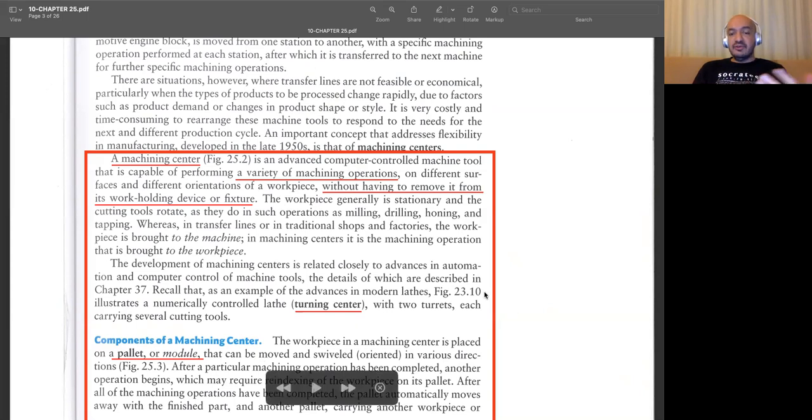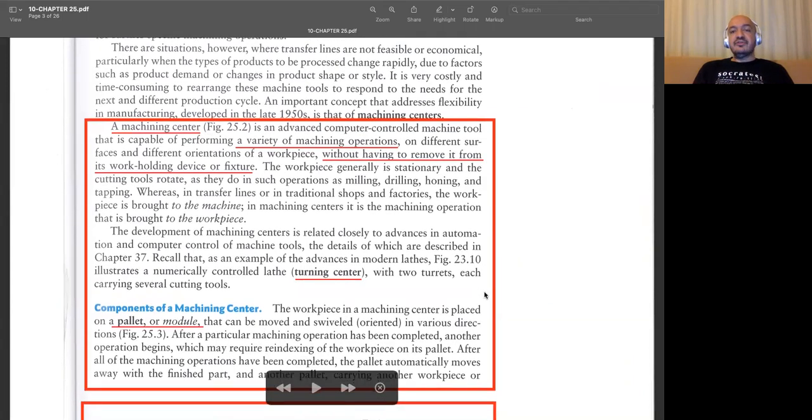In the earlier days, we were using many types of machines. We were doing a single operation, then moving that workpiece, placing it into another station, doing another machining operation, and following the sequence many times, and this was obviously not efficient.